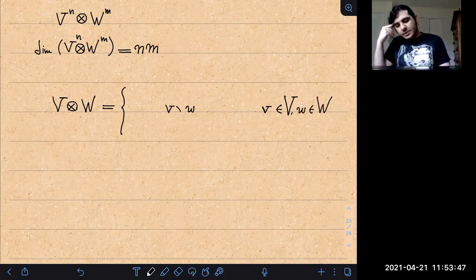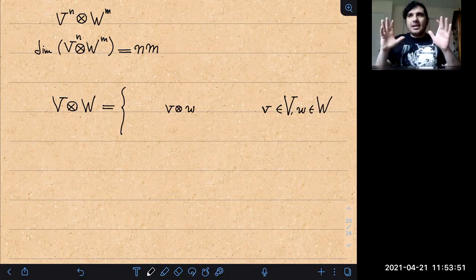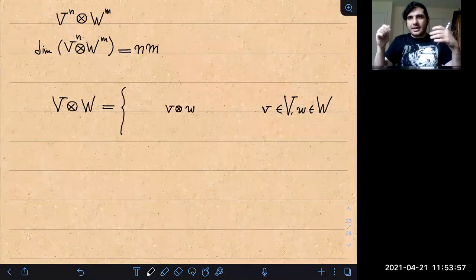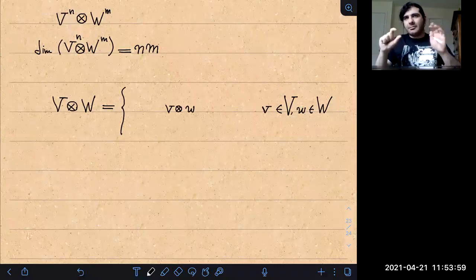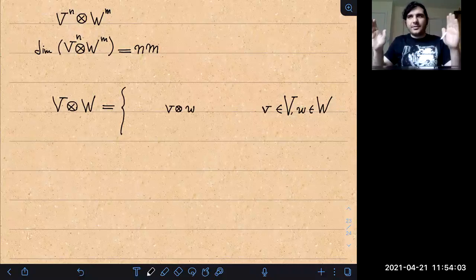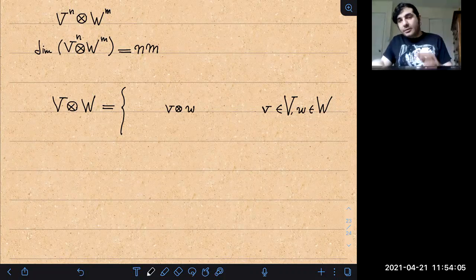And then we just use this notation of tensor between them. So it's just a notation. At this point, it doesn't have almost any meaning for us beyond this notation, right? It's just like putting V and W next to each other. Okay. And then we would take a linear combination of these.